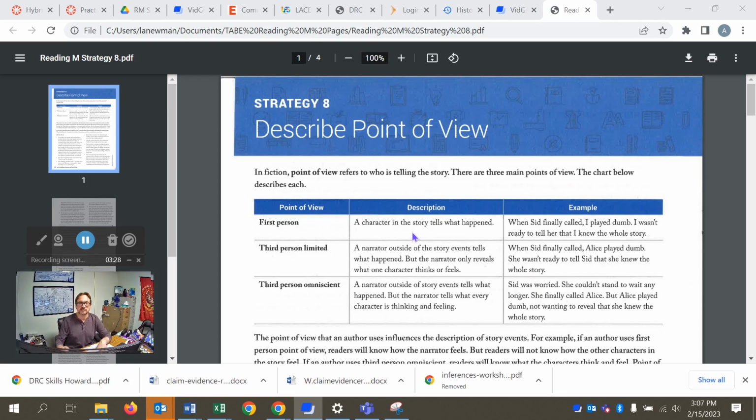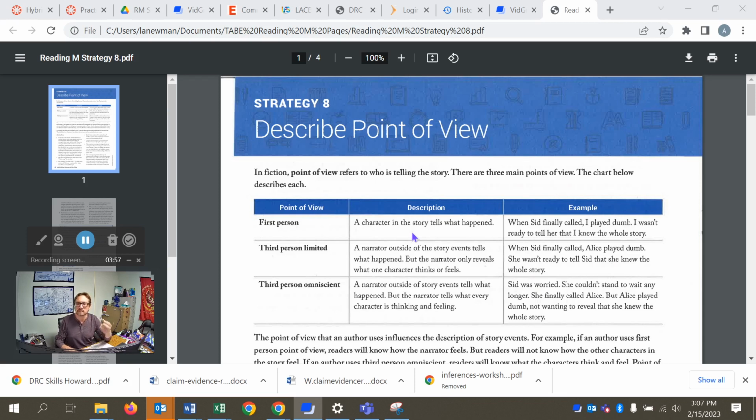Second person is addressing you, or even in plural in the South, y'all. In literature, we don't see it that much because it would be something like, you open the door, you walk into a shadowy room, you hear strange noises. And yeah, we've probably read some fiction here and there like that, but most fiction doesn't address a reader personally and make the reader a character in the story.